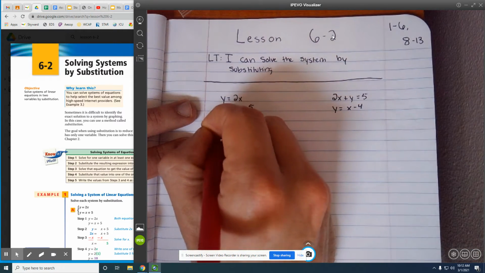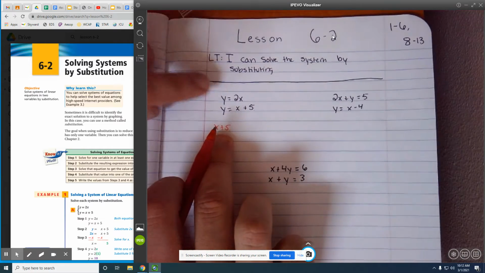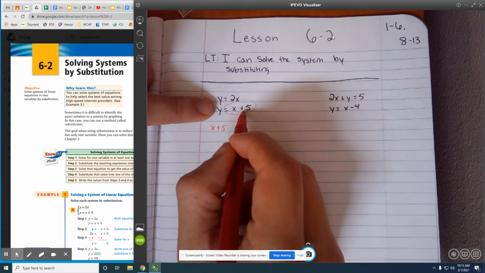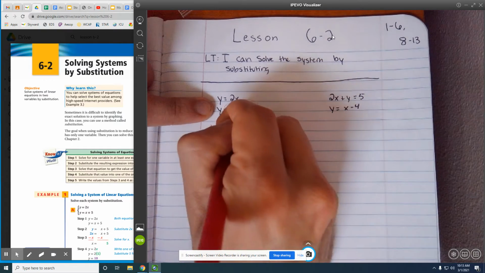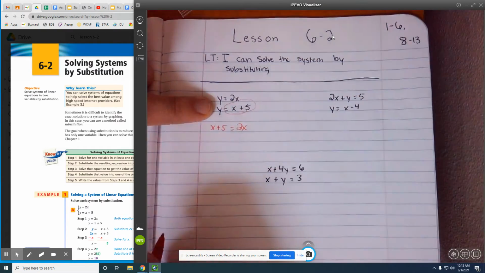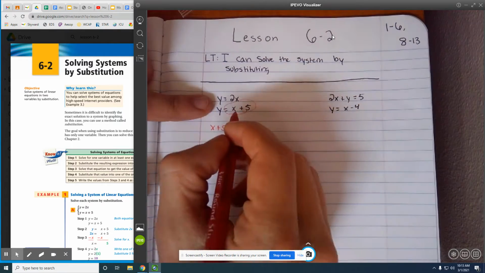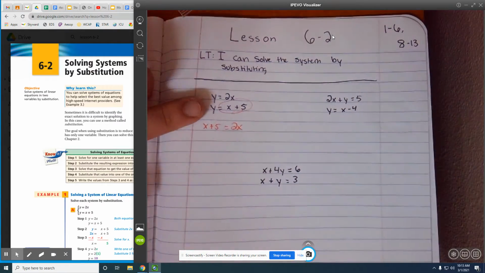So x plus 5 equals 2x. That's the same thing because these are both equal to y, and I substituted this x plus 5 for this y. That's what we can do in algebra.